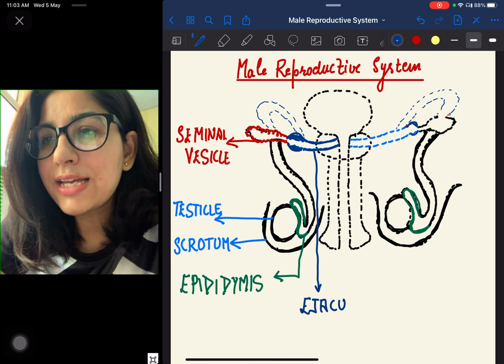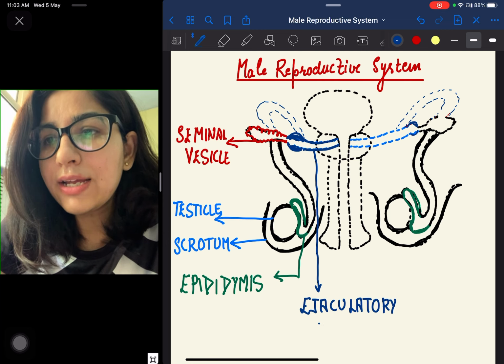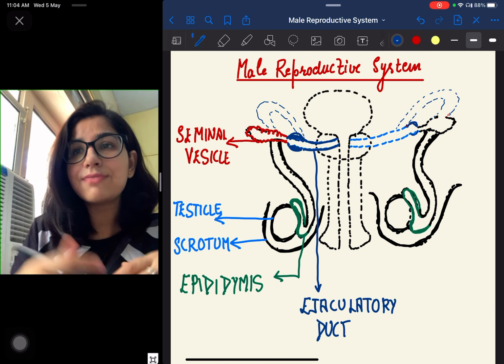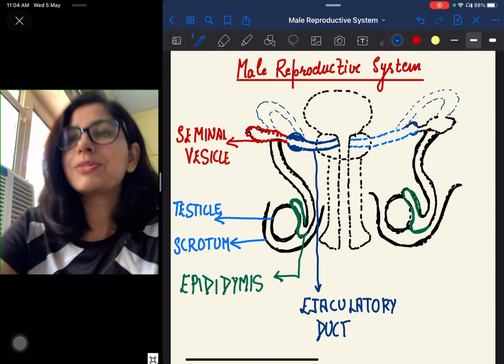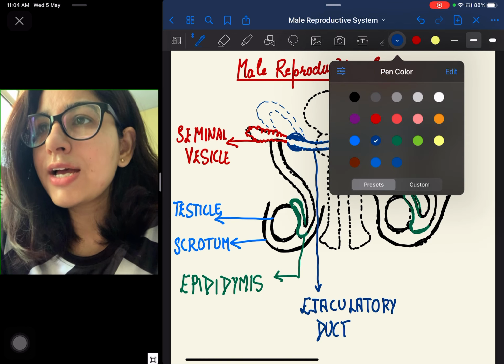That is ejaculatory duct. Ejaculatory duct है, it receives secretion from both seminal vesicle and your vas deferens.